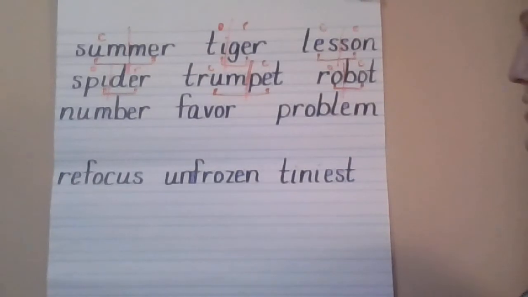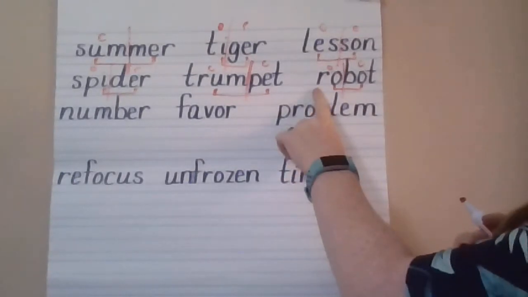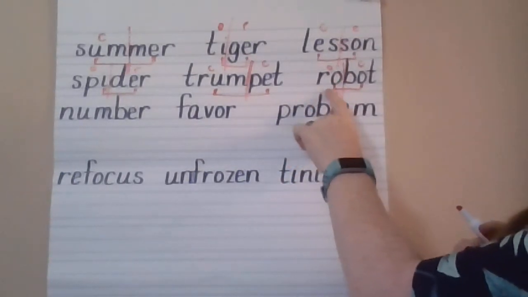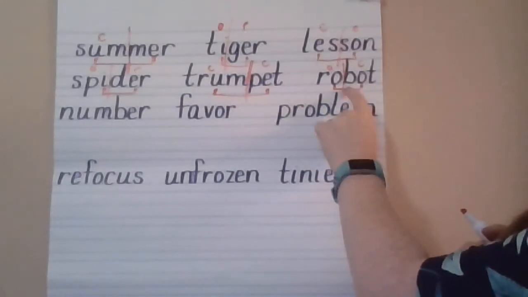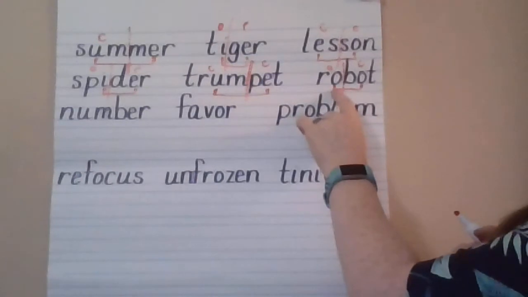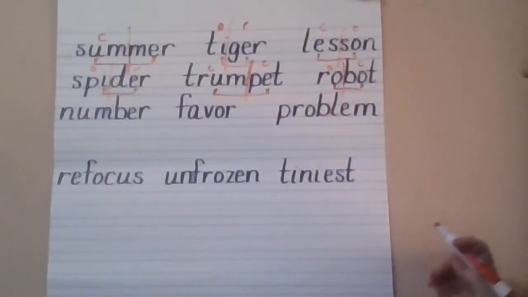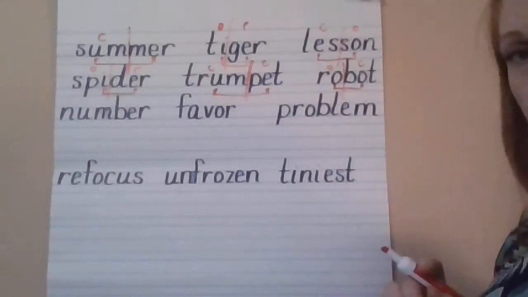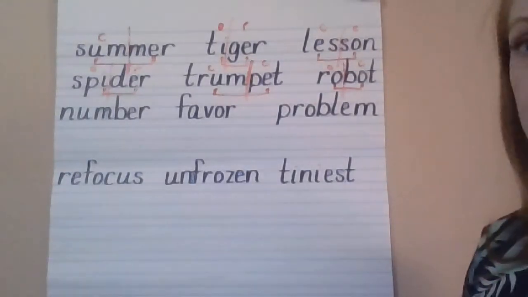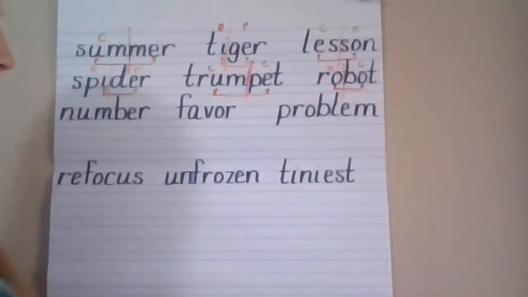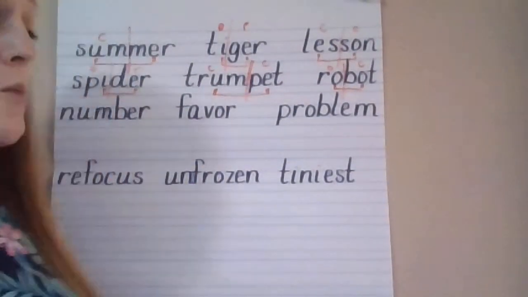As I point to the letters, say the sounds. Did you say robot? Good. Put those together. What's the word? Robot. We start learning our open and closed syllables first because those are the two most common ones that you will see.